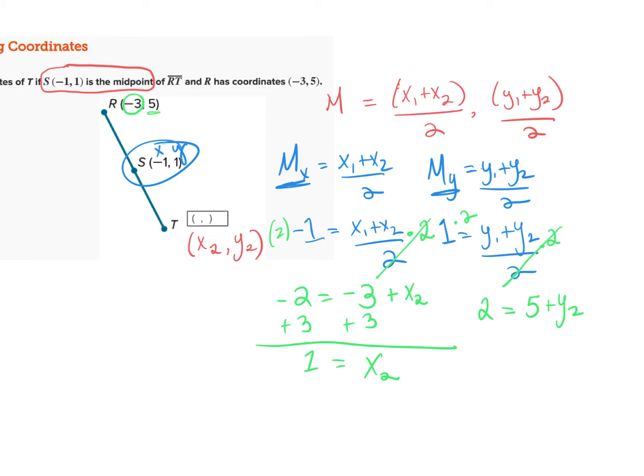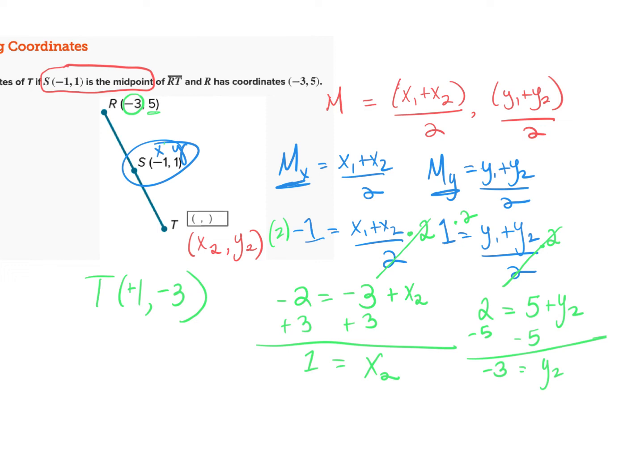And then my y value is negative 5. So y2 equals negative 3. So point T that we were solving for has a coordinate of (1, -3). So that is how we can solve algebraically.